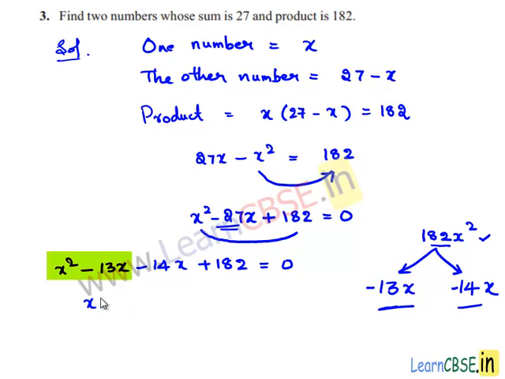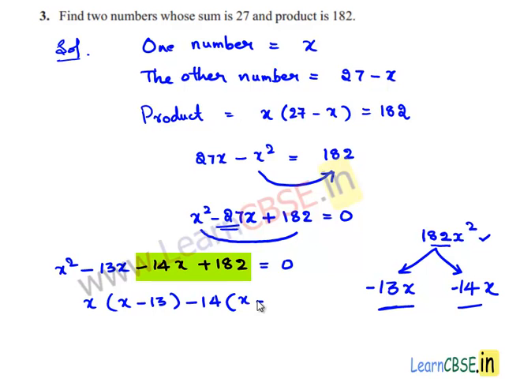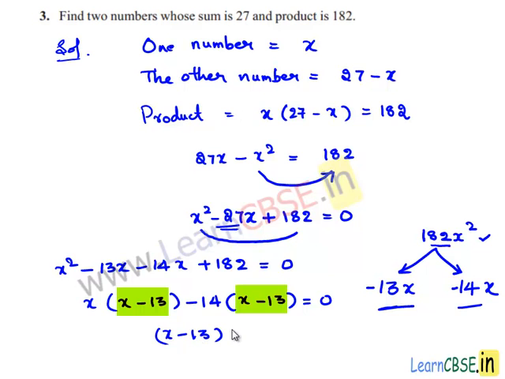x can be taken common from the first and second terms. x minus 13 will be remaining, and minus 14 can be taken common. x minus 13 will be remaining. This will become 0. x minus 13 can be taken common and the remaining terms will be x minus 14. This is equal to 0.